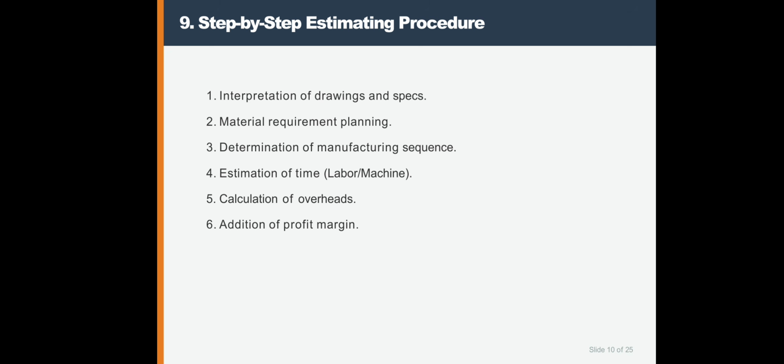The fifth is calculation of overheads. The final one is addition of profit margin. These are the six step-by-step estimating procedures, the main steps involved in the estimating procedure, as I told earlier.